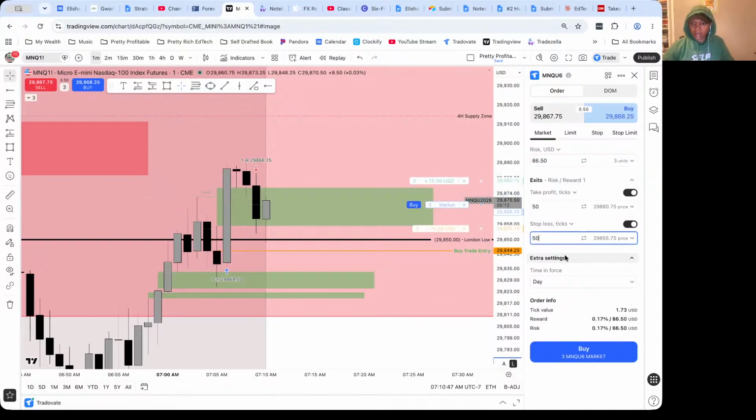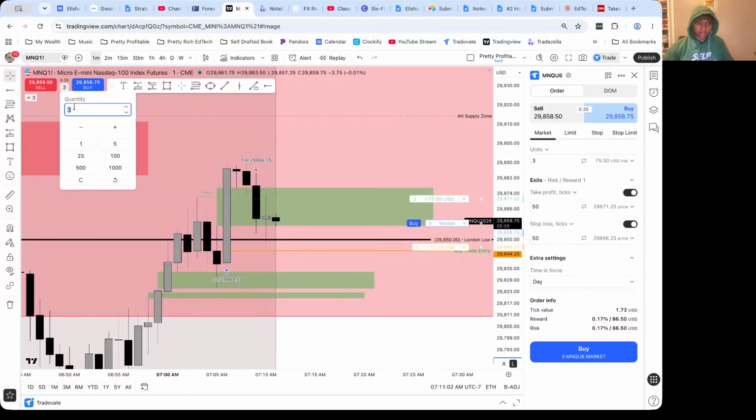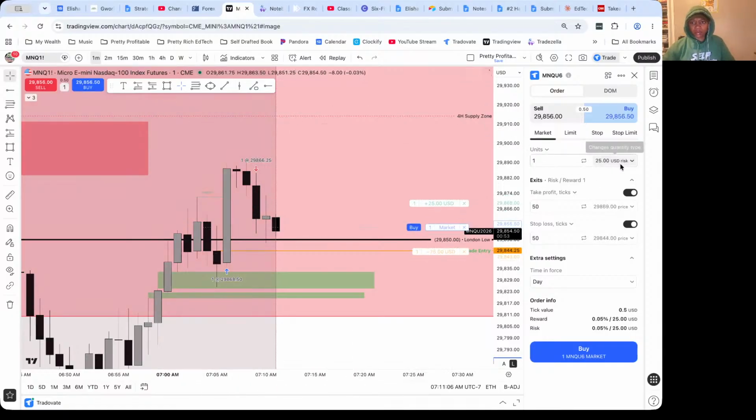Do I need to do that? Why do the units keep changing? Is that why they say don't do market orders, because it changes? I just want one.